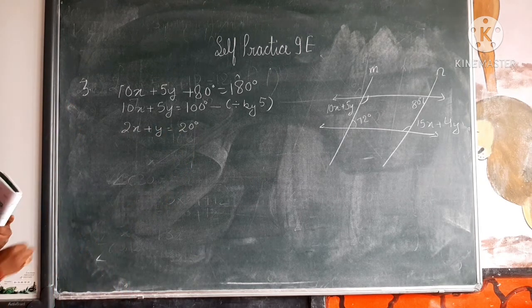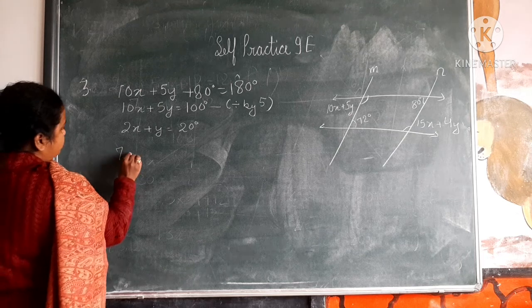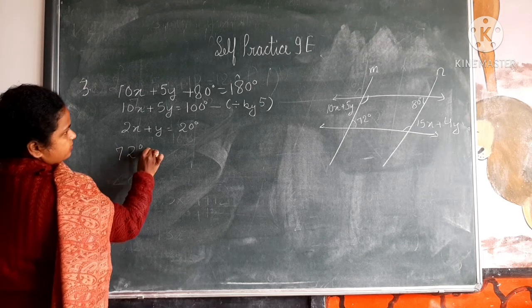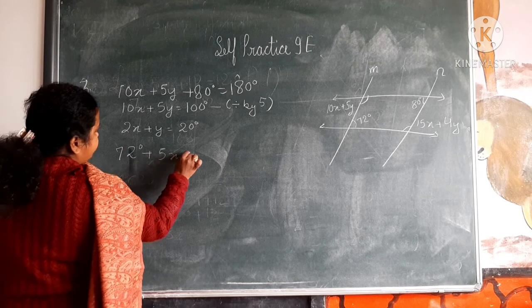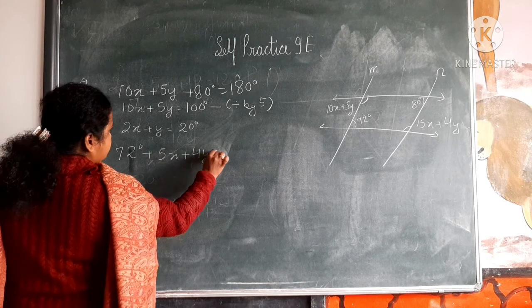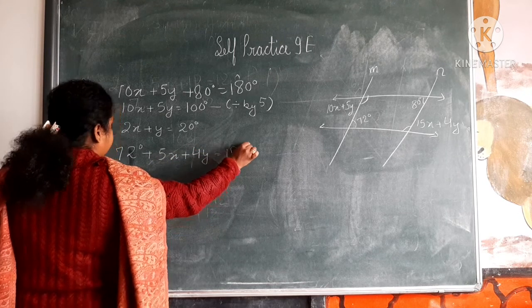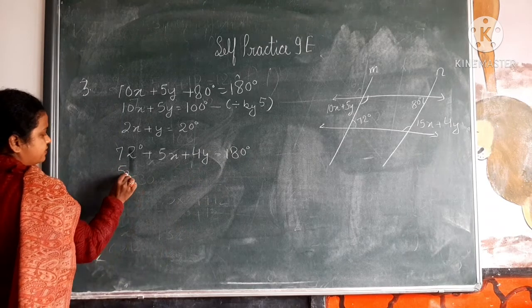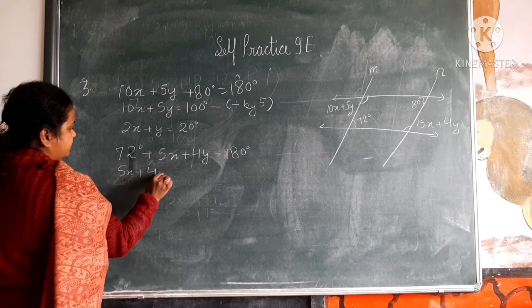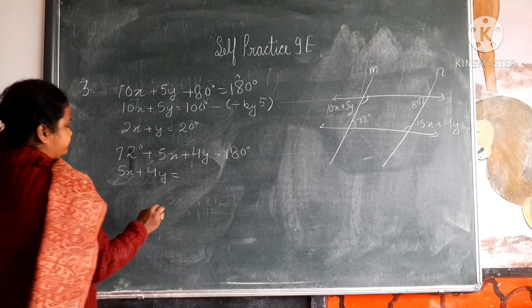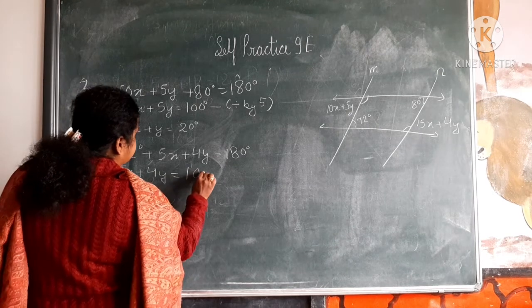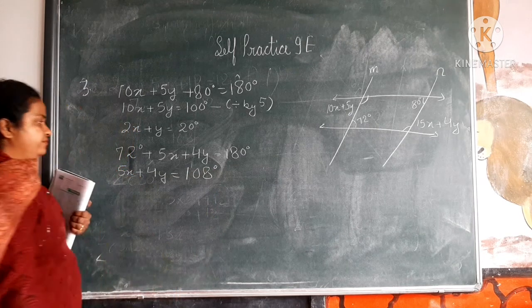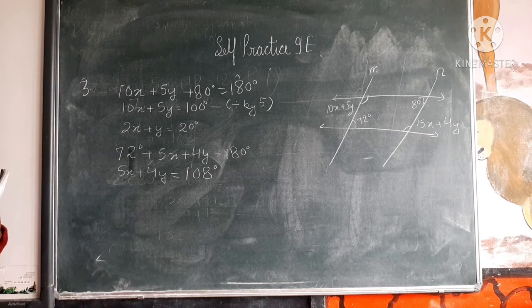Now second part, 72 degree plus 5x plus 4y is equal to 180 degree. So you will have 5x plus 4y is equal to 108 degree. Okay. 5x plus 4y is equal to 108 degree.